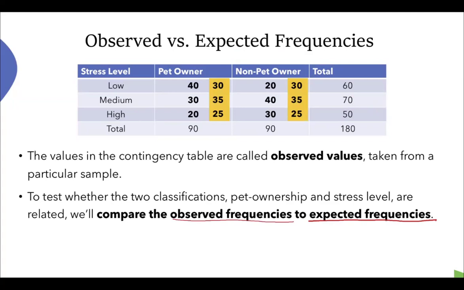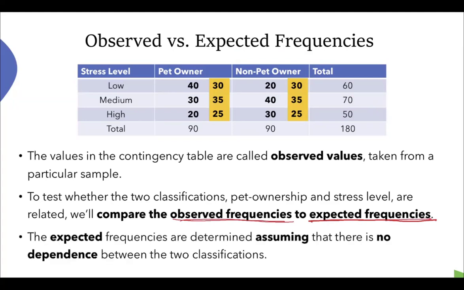If a comparison is made and there's a big difference between the observed and the expected frequencies, a big difference indicates that there is a relationship. The expected frequencies, when we determine them, we do so assuming that there is no dependency between the two classifications.